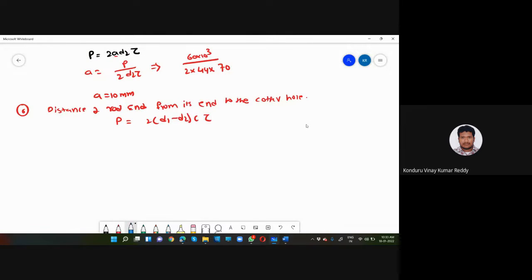I think we know every value except the C value. Thereby C is equal to 60 into 10 to the power of 3 by 2 into D1, D1 is nothing but 60, minus 44, into shear stress, which is 70. Thereby C is equal to 28 millimeters.